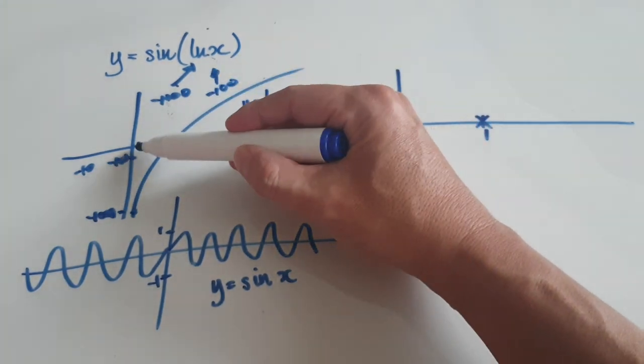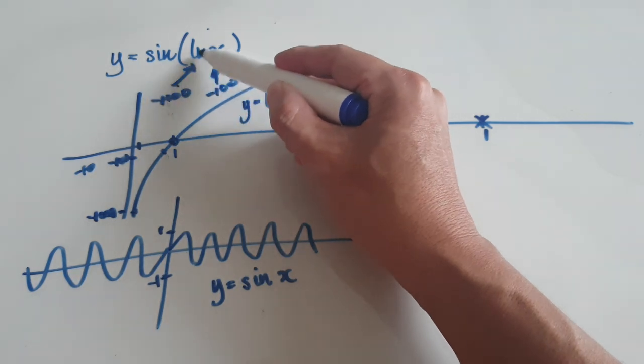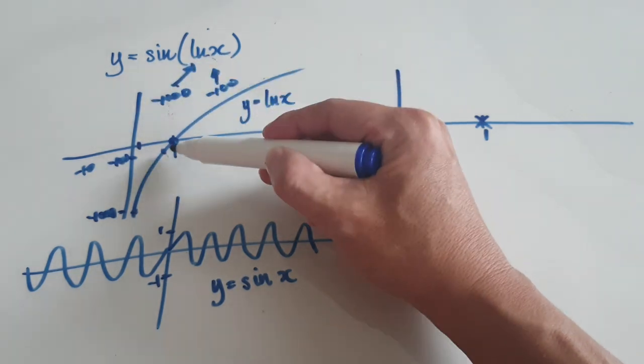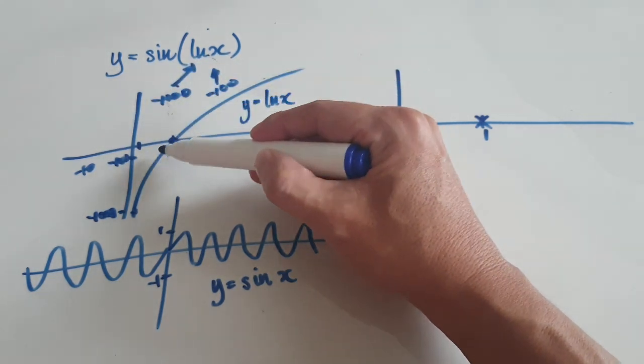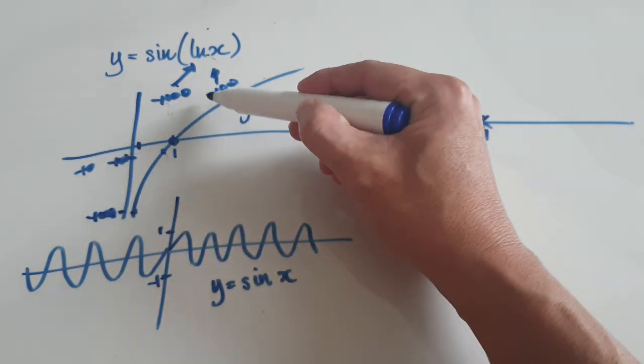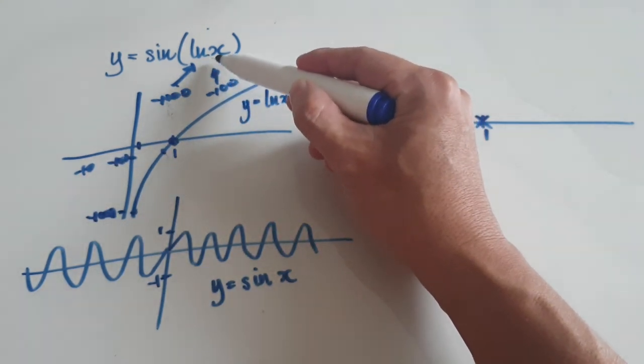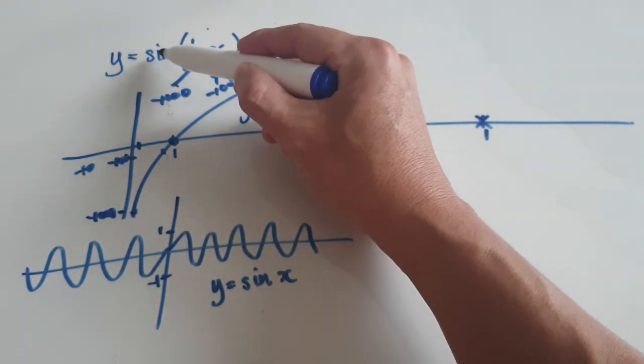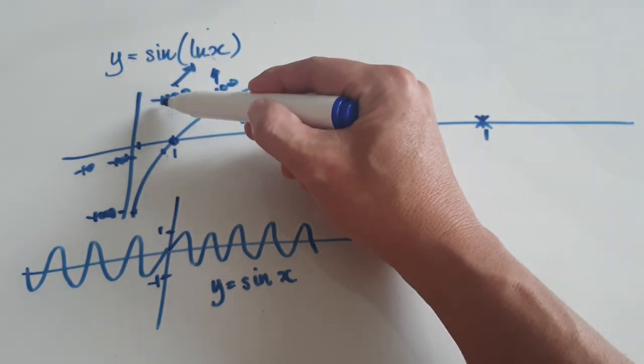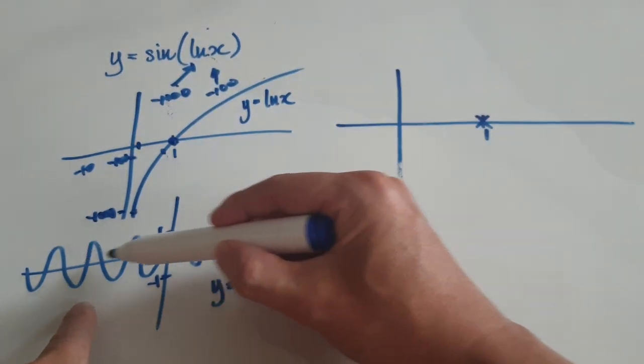So when you're here, you imagine you putting in -1000. Just before you get to 1, imagine this is -100. Now when you sine -1000, the sine graph looks like this.